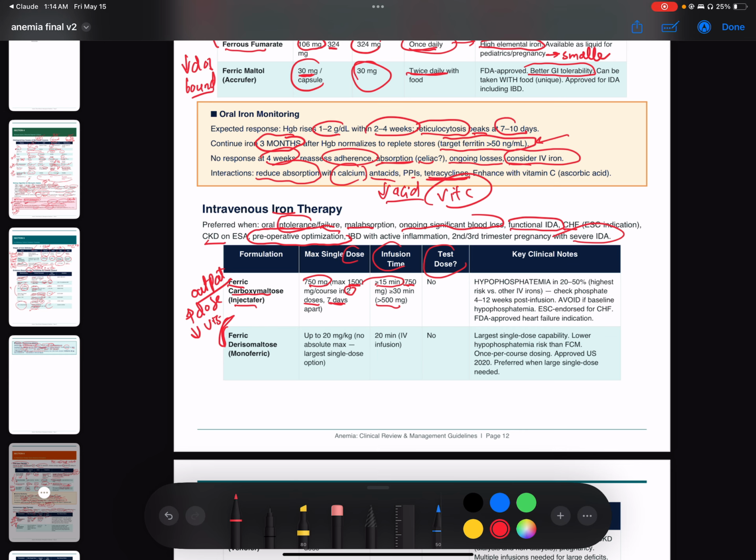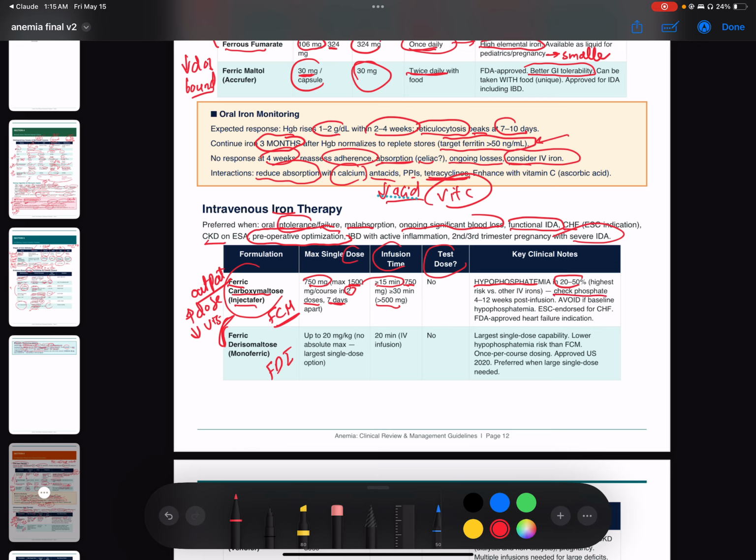Sometimes it's just institutional, they dilute the 500 with higher fluid than the 750. The main problem of ferric carboxymaltose, or just briefly FCM, and this one is briefly FDI, is that FCM can cause hypophosphatemia, and it's actually common. It happens in 20-50%, and this is mainly with this form of IV iron.